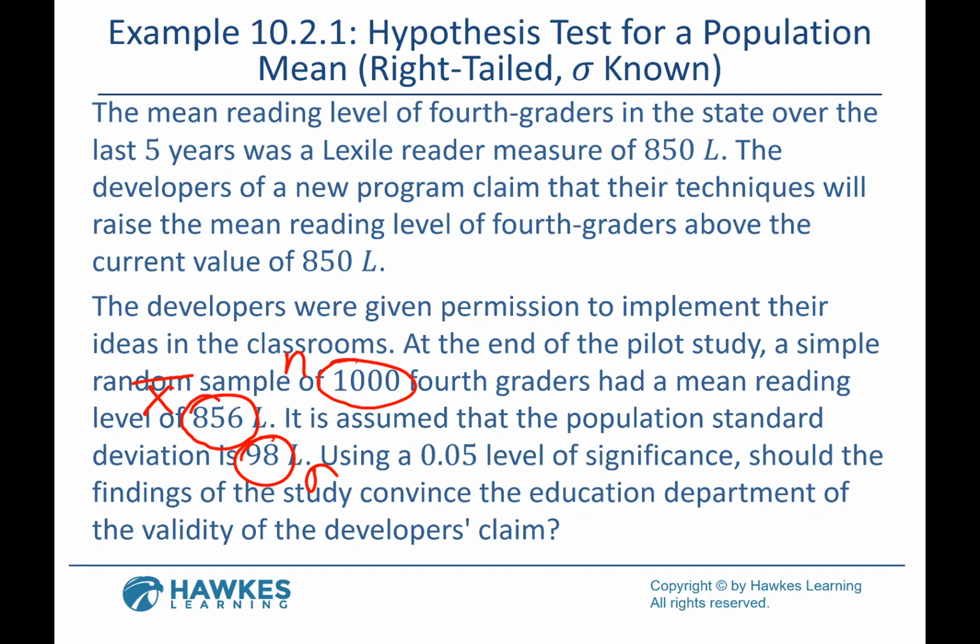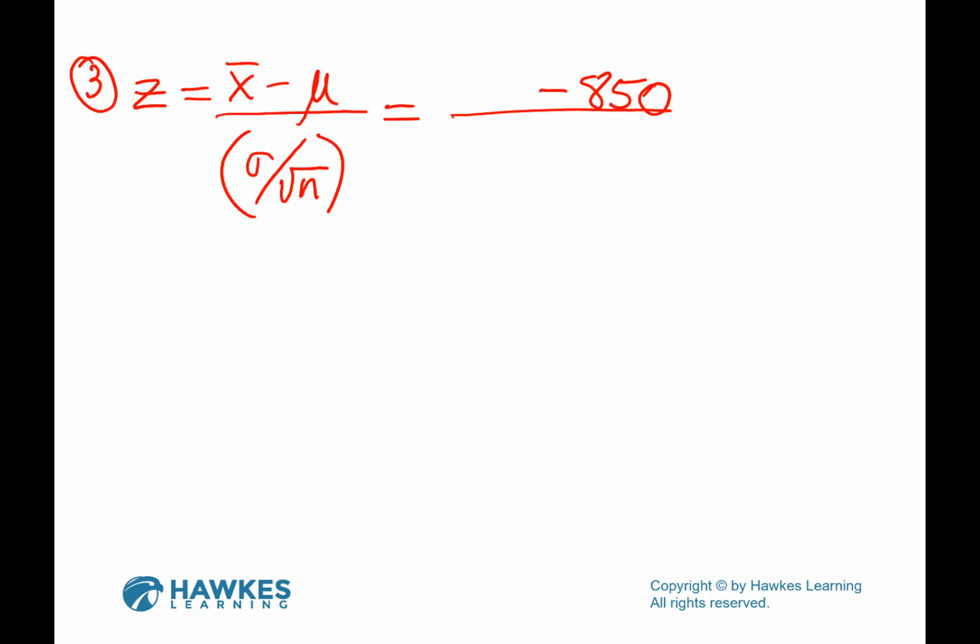Then we just plug numbers into our formula. So 856 was our sample mean, minus 850. Then we're going to divide by sigma, which was 98, over the square root of our sample size, which was 1,000. And if you're putting it in your calculator all at one time, you'll want to put parentheses around the top and around the bottom. Since it's a z-value, we'll round to 2 decimal places because that's all we can use with our tables. So 98 divided by the square root of 1,000.